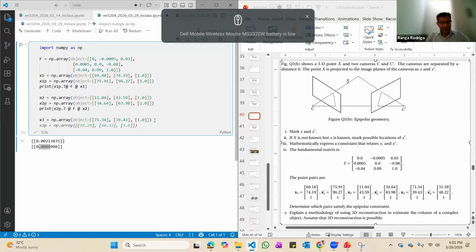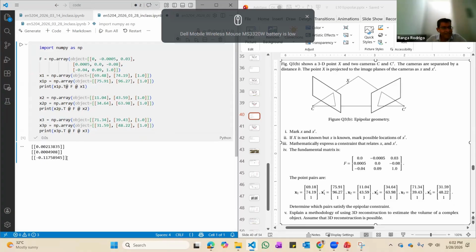X3 prime, 31.59, 48.22, and then finally 1. So let's write that equation X3 prime transpose F x3.